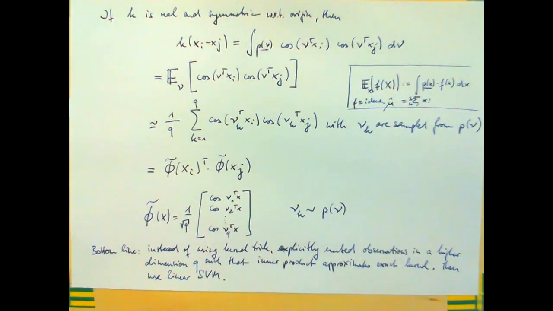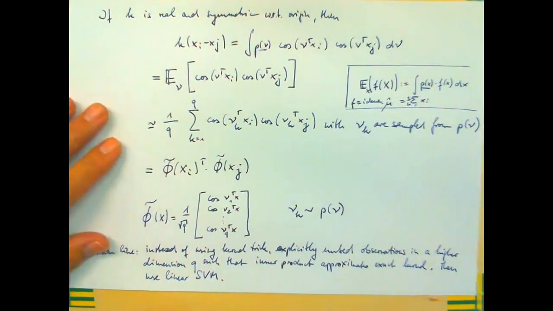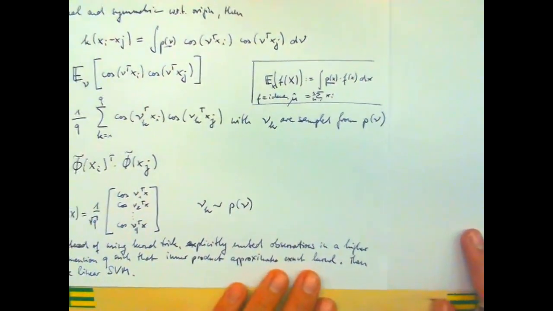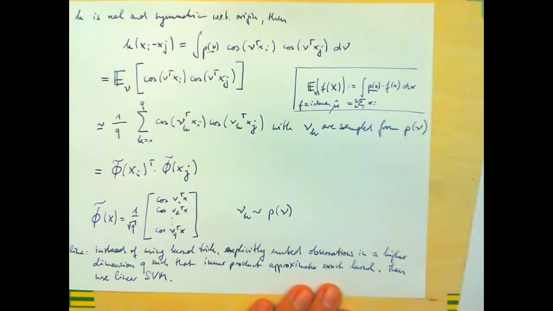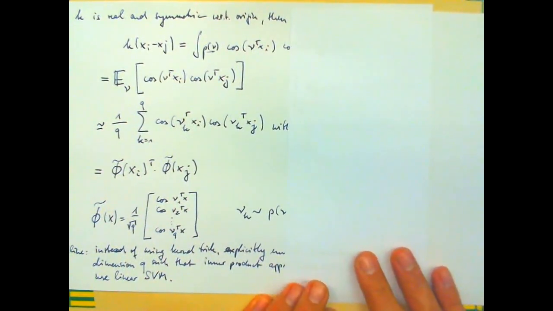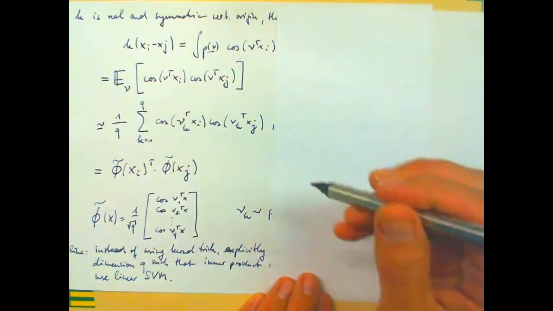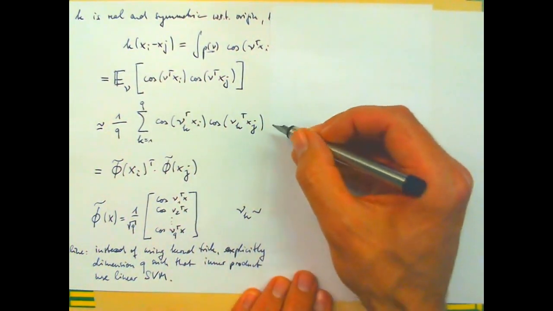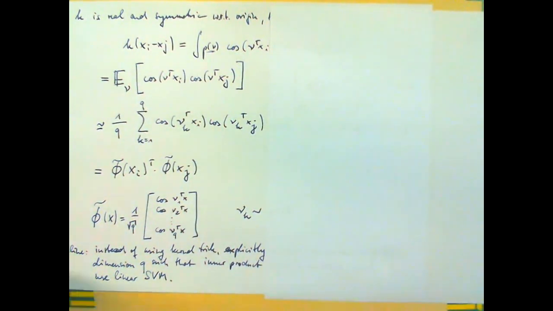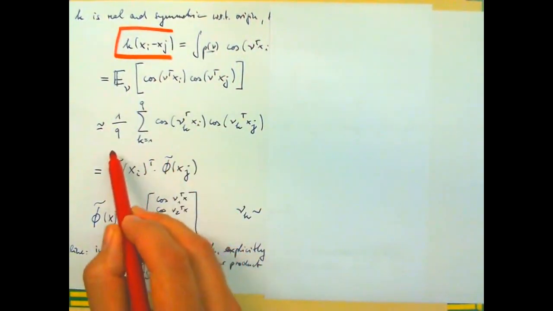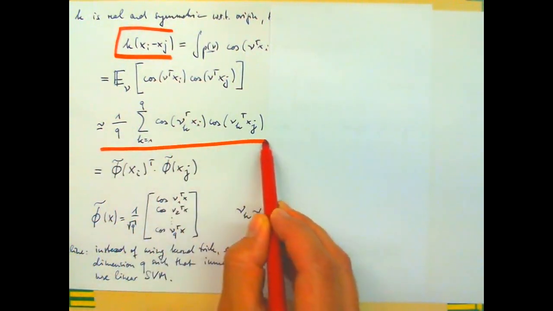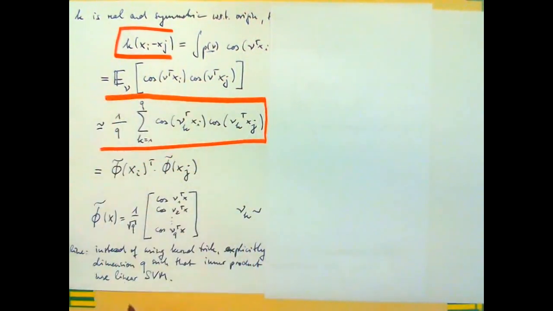Note the important line: we have the kernel here, and we have an approximately equal. So you know which kernel you want to use.